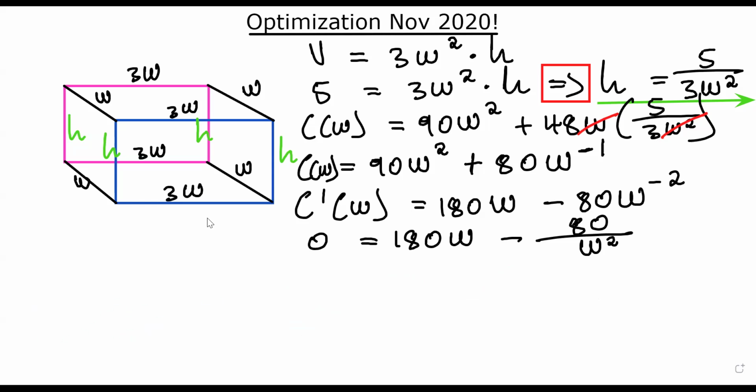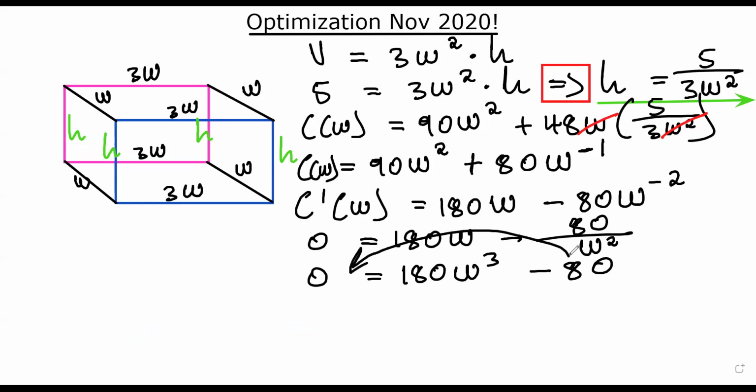And then here we can easily multiply throughout by the LCD, which is W squared. So we have 0 equals 180 W cubed minus 80. So if we take this 80 to the left-hand side, it becomes positive, and we divide throughout by 180.